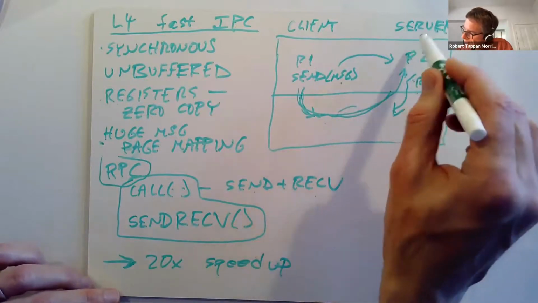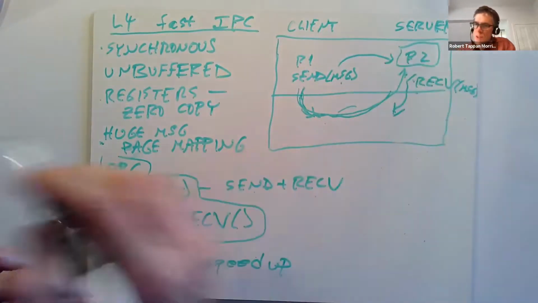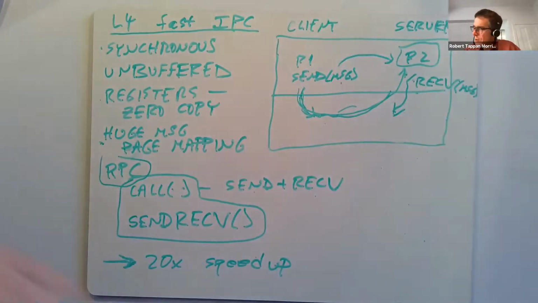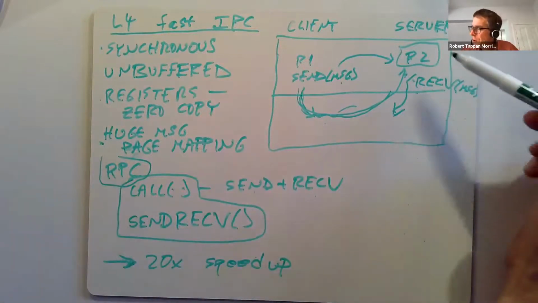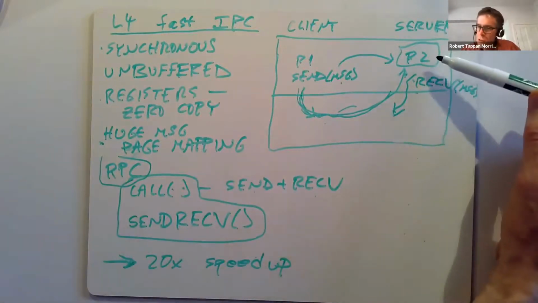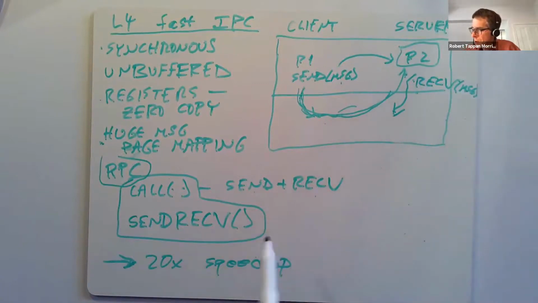Since P2 is a server, we imagine that P2 is sitting in a while loop in which it receives the next message from any client, does a little bit of work to process it, looks up some data in a database or something, and then sends a reply, then goes back to the top of the loop and waits again. So to a first approximation, we expect P2 to spend all its time waiting for the next request from anyone.